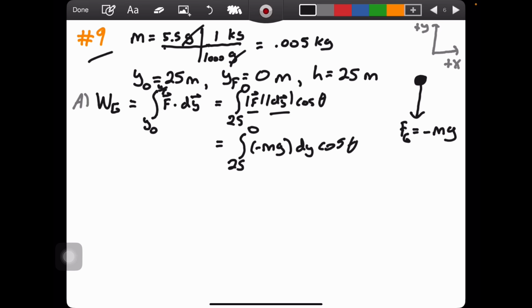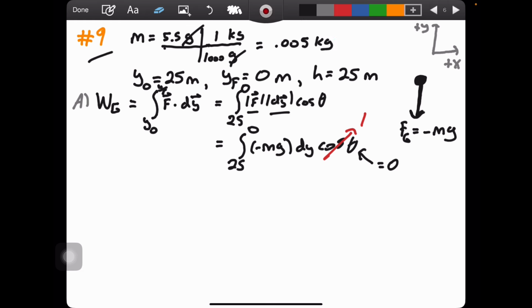So if the force of gravity is acting straight down and the coin is going straight down, then this theta term right here is equal to 0, which is to say the force of gravity down is parallel to the displacement down. The cosine of 0 goes to unity.